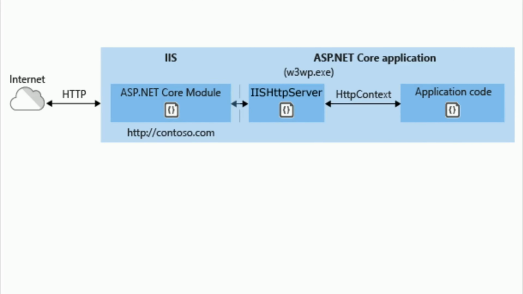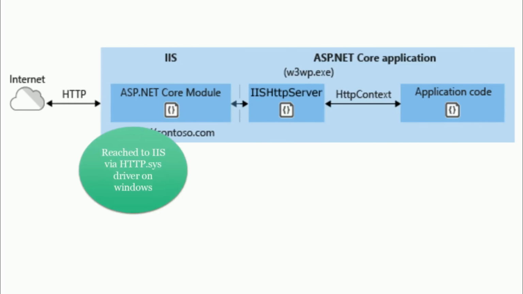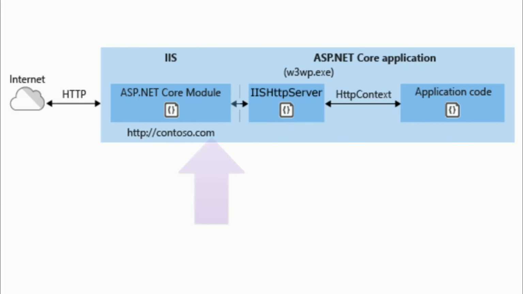First, a request arrives from the Windows to the kernel mode http.sys driver. Don't bother much about http.sys driver, just think of it as a driver responsible to receive HTTP request in Windows. Alright, then the driver routes the native request to IIS on the website's configured port, usually 80 for HTTP or 443 for HTTPS.